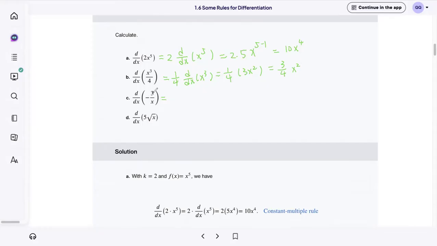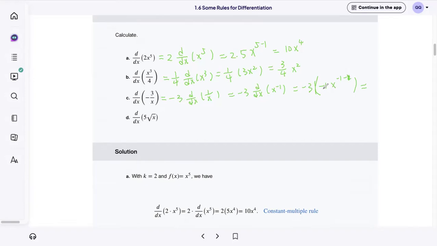This I have -3. I can pull outside -3. Then I just differentiate 1/x. Right, 1/x I can write as x raised by -1. Then I differentiate. So -1 I put down here. Then I subtract 1 from the exponent.